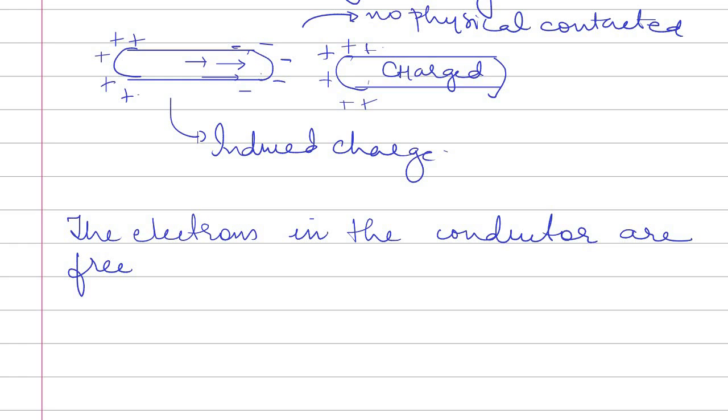There will be a definite movement of electrons, and due to the inductive force exerted by the positive charge, some of them will even rise up to the surface, which is indicated by this negative point. So electrons in the conductor are free, and they will move in presence of a charged body.